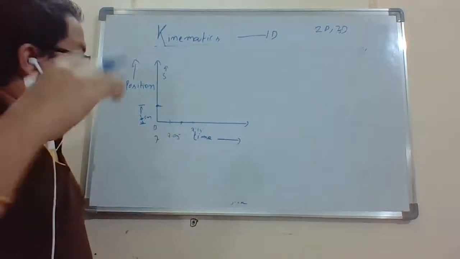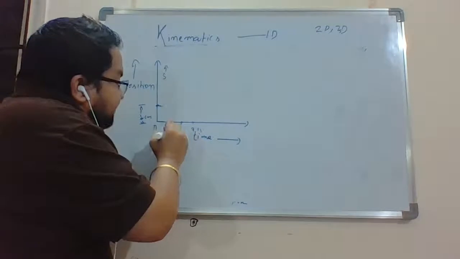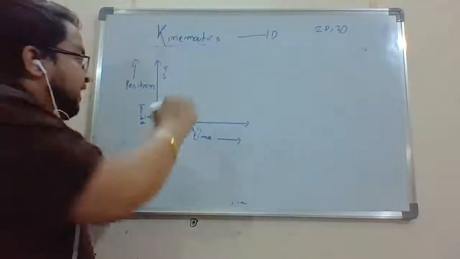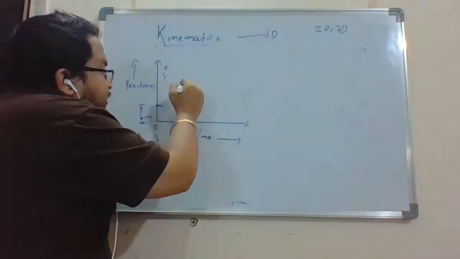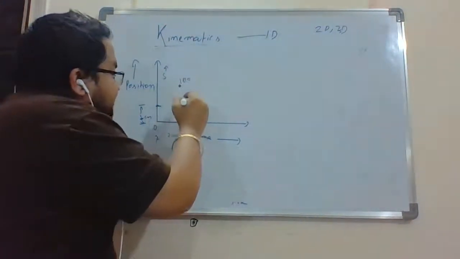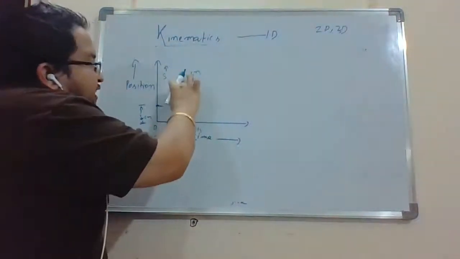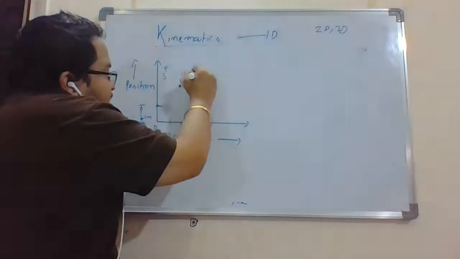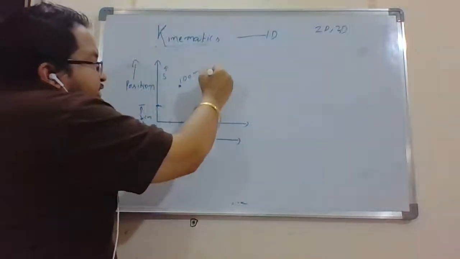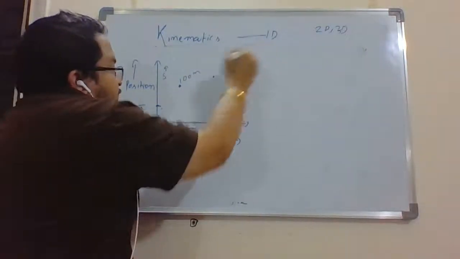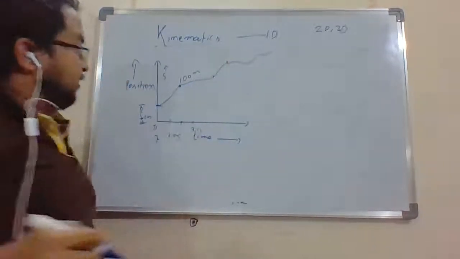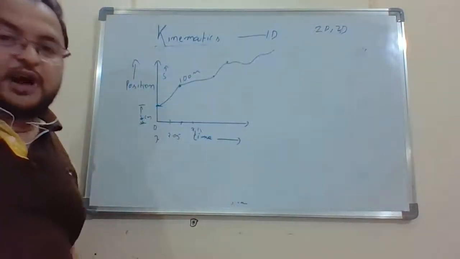At 7:05, if it has traveled slightly, probably the bird could be at 100 centimeter distance, or maybe 100-meter distance at that time. So at a different time, the position would be different, which would make a graph like this.